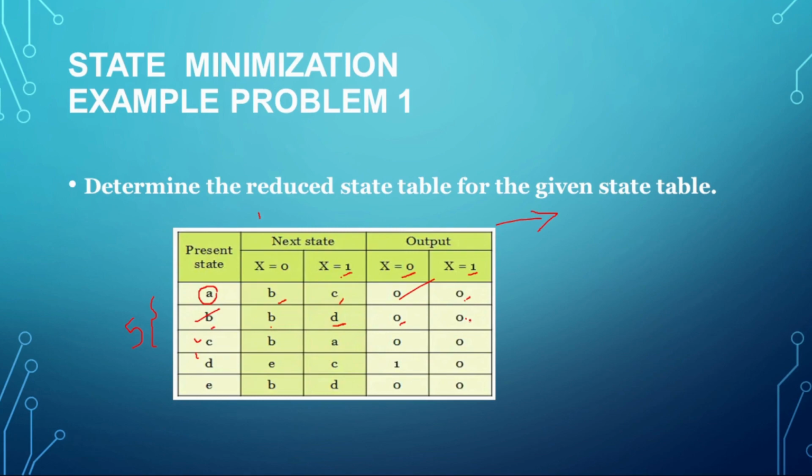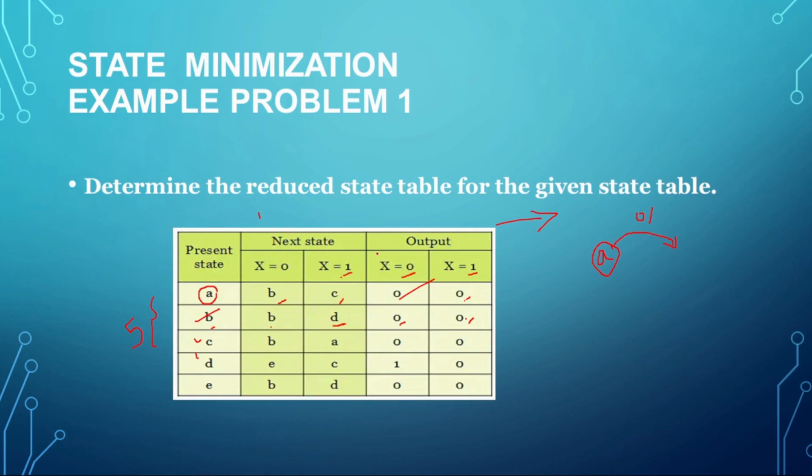B is 0. How will you convert this state table to the state diagram? I will draw the state diagram only for A and B for understanding purposes. This is the A state, right? From A state to B state, the input is mentioned in the numerator and the output is mentioned in the denominator.